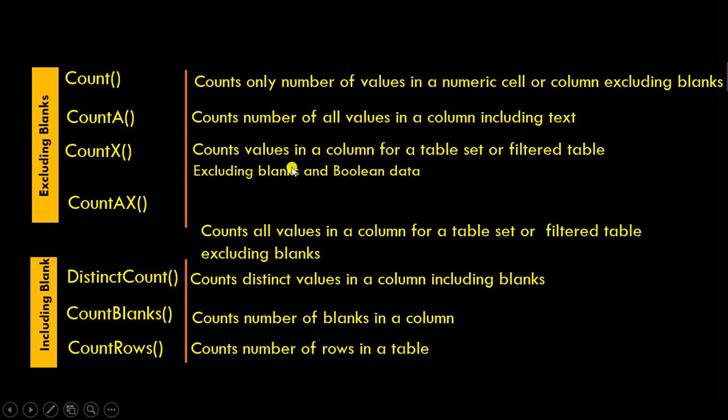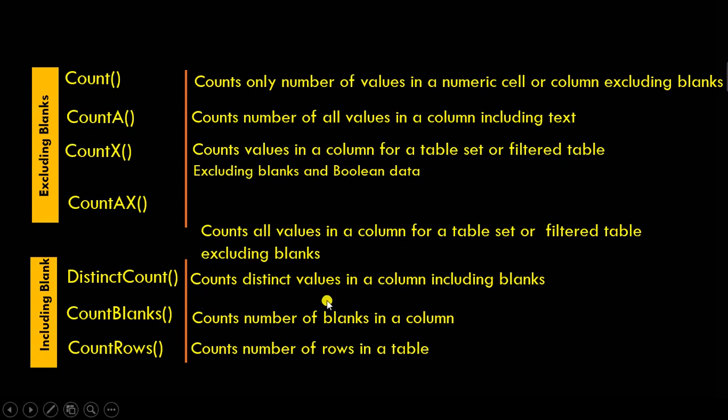CountX and CountAX functions, more or less both of them are same, but using CountAX you can count the values for a column which is of number, string, date and boolean. CountX function also counts the non-blank values for a column which is of number, string, date data type, but when it comes to boolean it will not count the non-blank value. Instead it will throw an error.